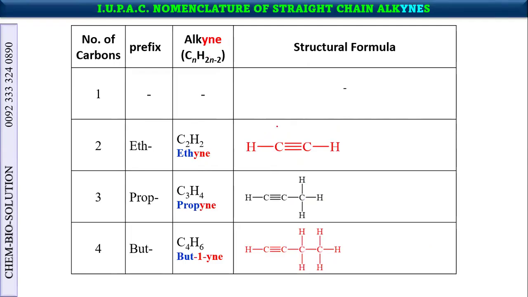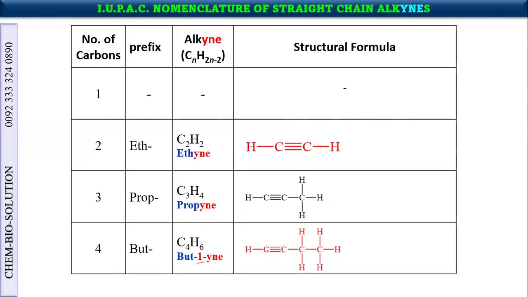Now alkyne, because of the triple bond, two more hydrogens are removed. So that's why it has the formula CnH2n-2, because two more hydrogen atoms have been removed. So ethyne, because at least two carbon atoms are necessary for making a triple bond between them. So that's why it starts with ethyne, propyne, and then we should mention the number, because butyne could be but-1-yne or it could be but-2-yne.